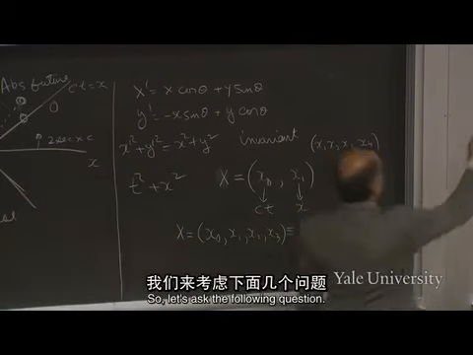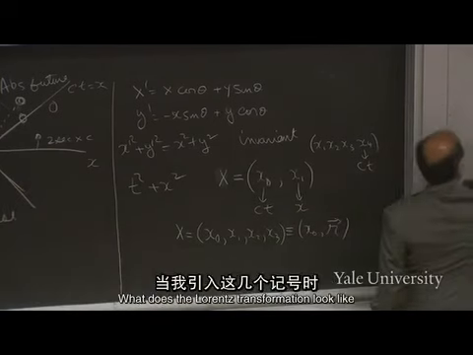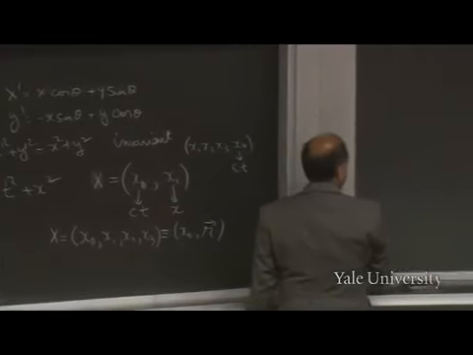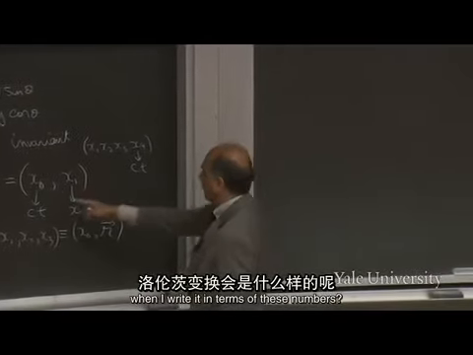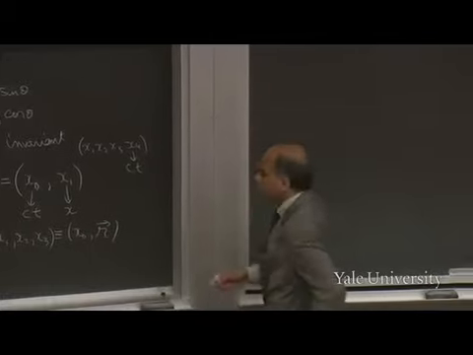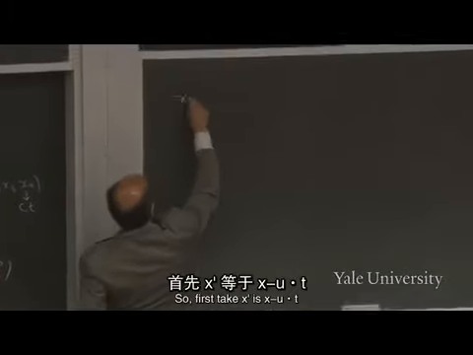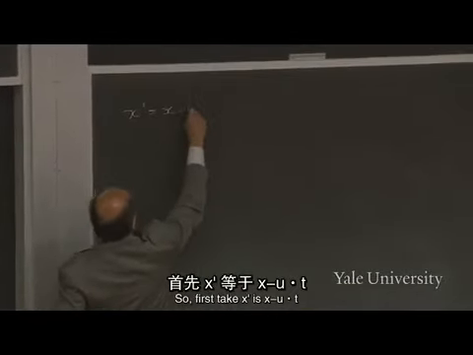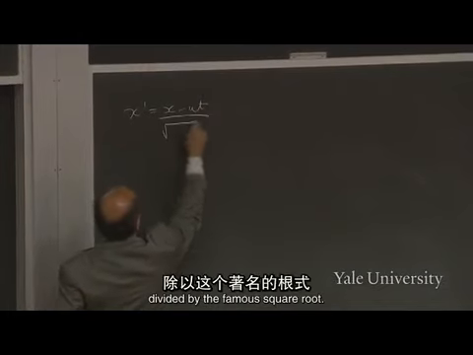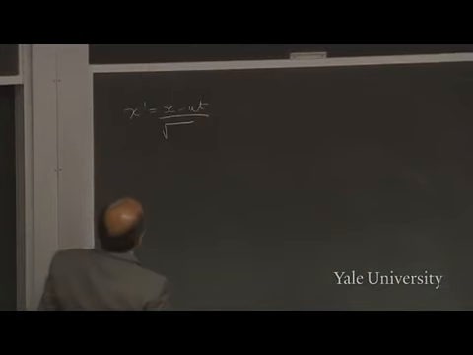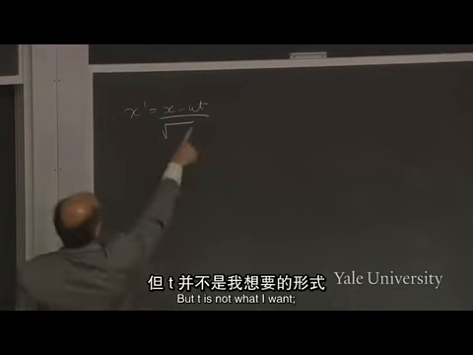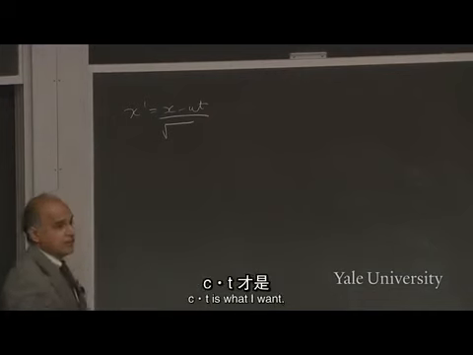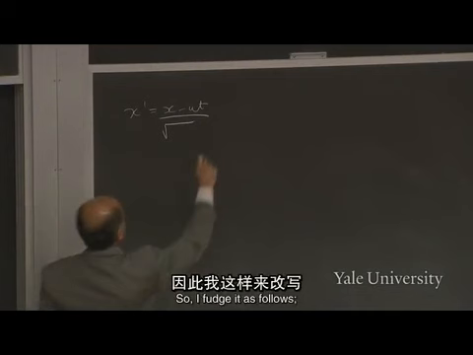All right. So let's ask the following question. What does the Lorentz transformation look like when I write it in terms of these numbers? So first take x prime is x minus ut divided by the famous square root. But t is not what I want. ct is what I want. So I fudge it as follows.